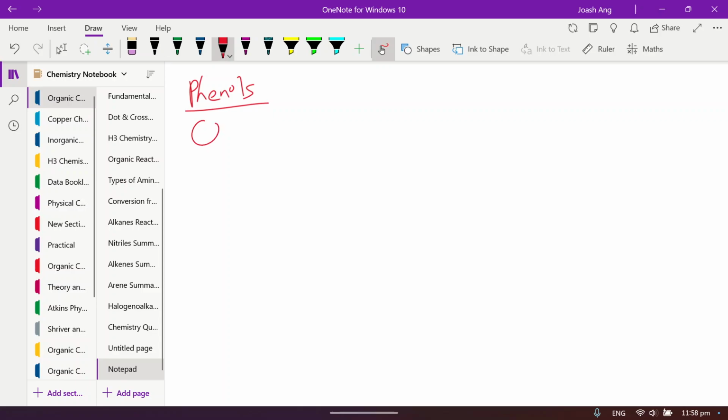So for phenols, it's electron withdrawing by inductive effect, and that is due to the highly electronegative oxygen.